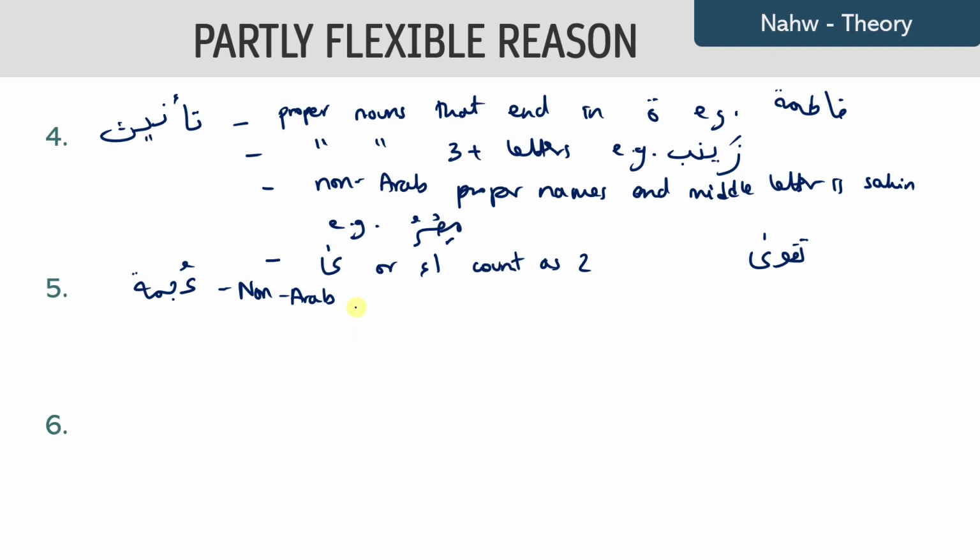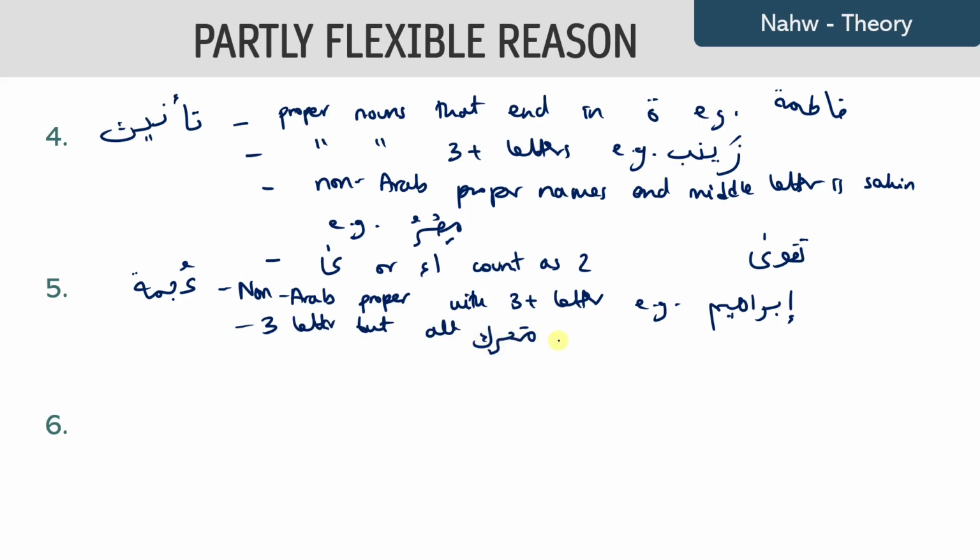So non-Arab words that are proper with 3 plus letters, or you have 3 letters, but they're all mutaharrik, meaning that there is no sakin. For example, the word shatura. Shatura is the name of a fortress.